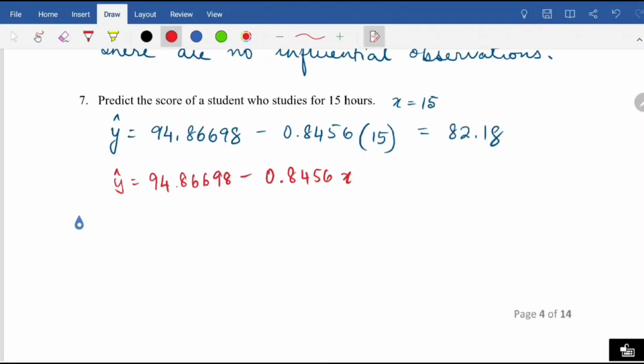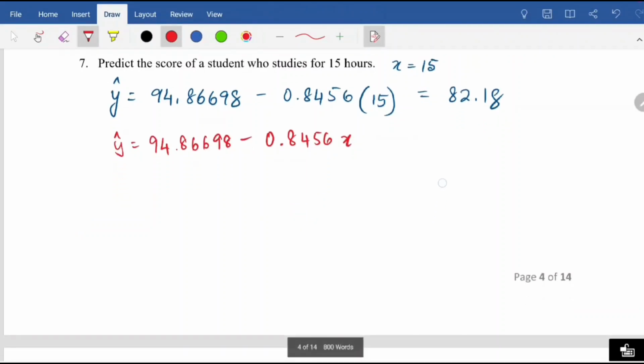All right, it doesn't make much sense really, because what this equation is saying is that if somebody doesn't study at all, he begins with a score of 94.8. So somebody who puts in 0 hours of study scores 94, almost 95%, and then as the hours increase, the scores decrease by 0.85, right?